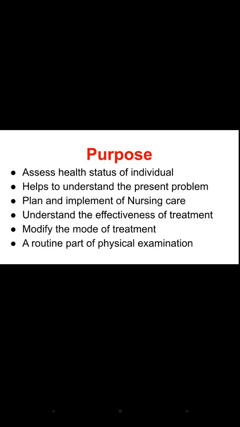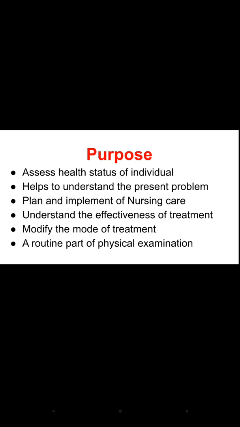Fourth, understand the effectiveness of treatment. We check the blood pressure of the person who is hypertensive, right? And we come to know that the blood pressure is very high, above 150 by 100 mmHg. For that person we are required to give medications so that the blood pressure can come to normal.